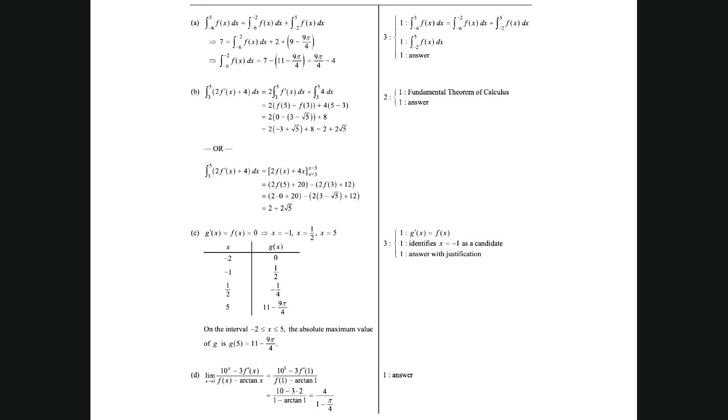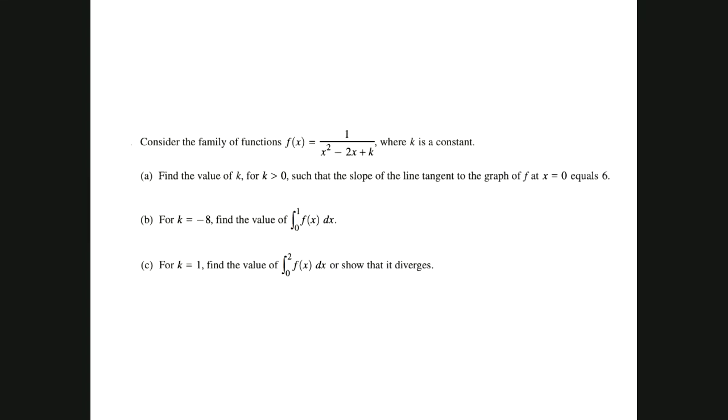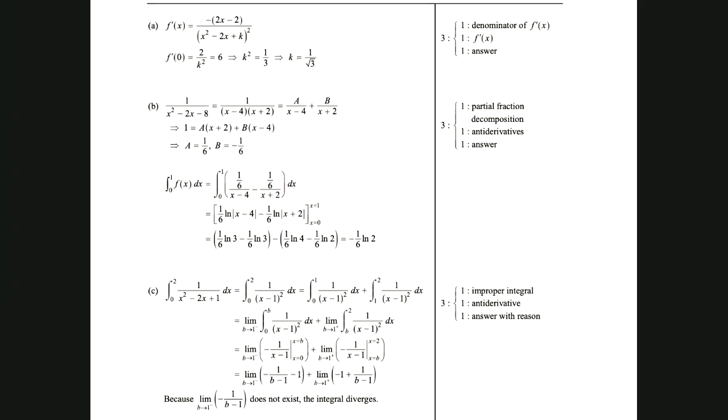So here's that one problem that we started off with, the 1 over x squared minus 2x plus k. Here's the answer key, and they do show you how to do that, kind of a review of solving those types of problems. So sometimes answer keys do help you figure out what you're doing there.